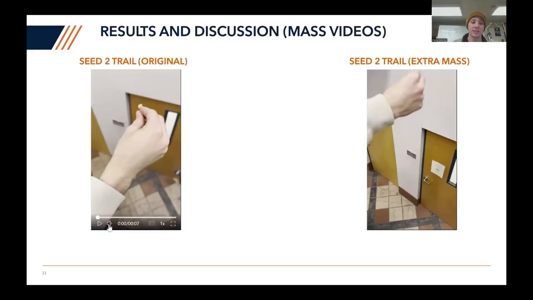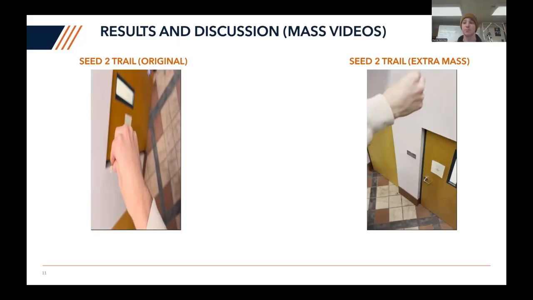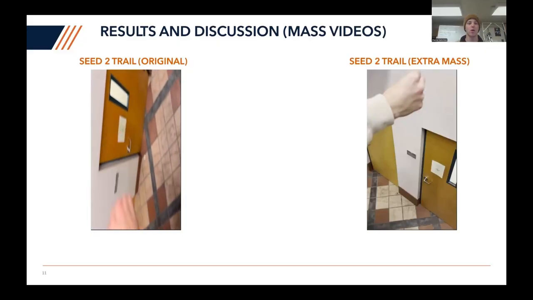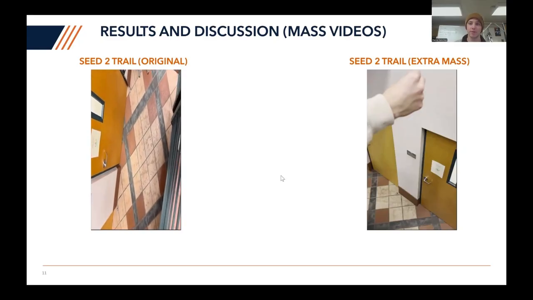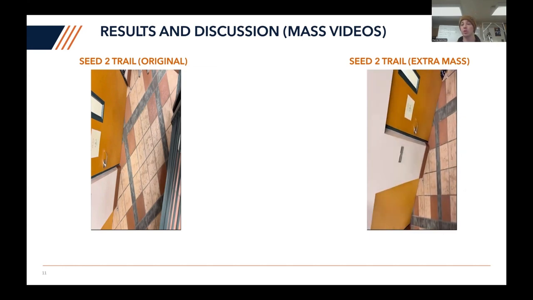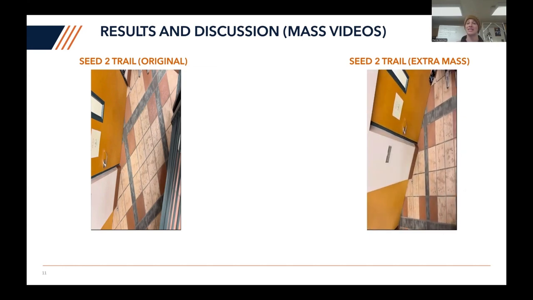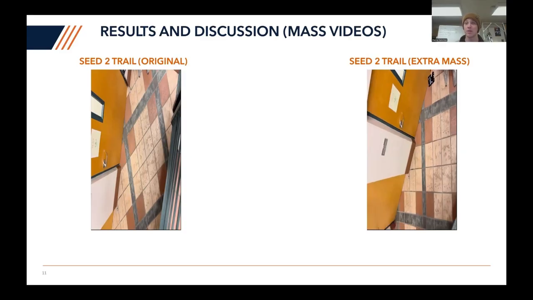Here we have the C2 trial videos displaying this in action. On the left, we have the C2 trial with no additional weight put on, whereas on the right side, we have weight put on, and we can see a significant decrease in the time it takes the Samara seed to reach the ground.